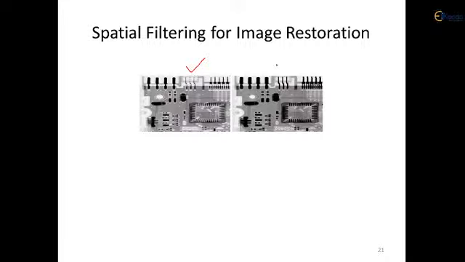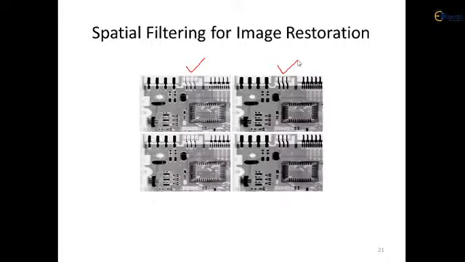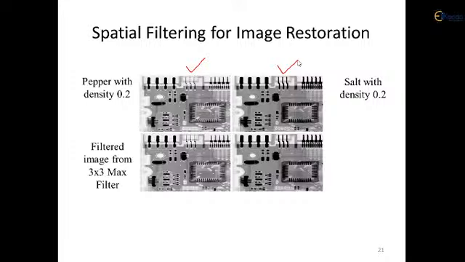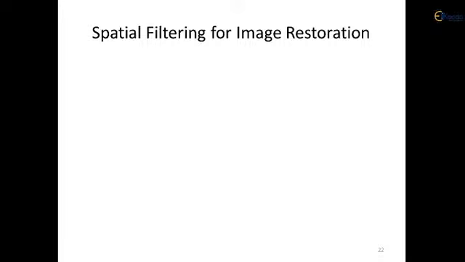Here is the image affected by salt noise with density 0.2. When we filter these two images with the maximum filter and then the minimum filter, the corresponding results you can see here. So this way you can obtain the reduction in the salt and pepper noise by the individual use of the max and min filters here.